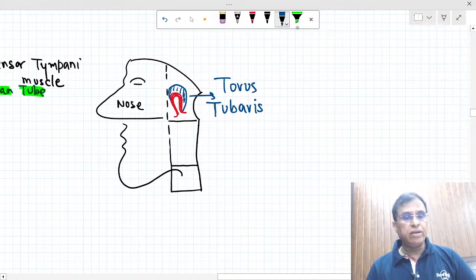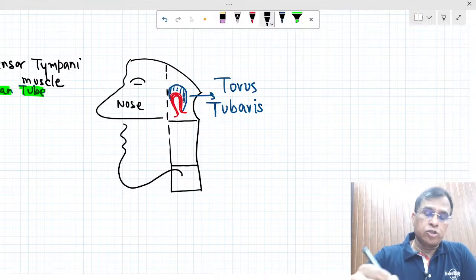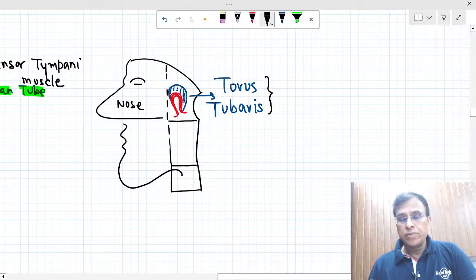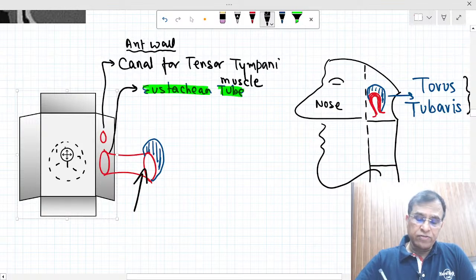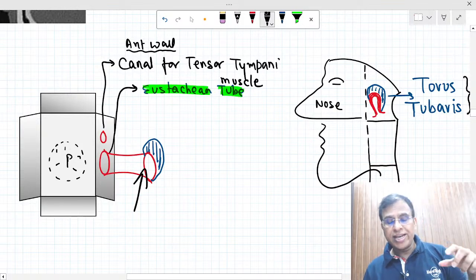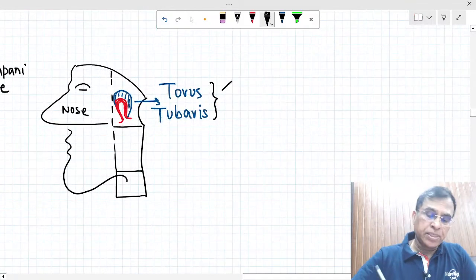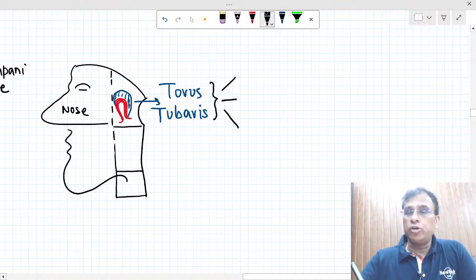Now comes a very, very important MCQ. Bharat is correctly saying torus tubaris. What is the cause of torus tubaris? This is a question. Torus tubaris is caused because of three muscles which are attached to this end of the Eustachian tube. So this end, which is the cartilage of the Eustachian tube, has three muscle attachments, and because of them this bulge called torus tubaris is formed.